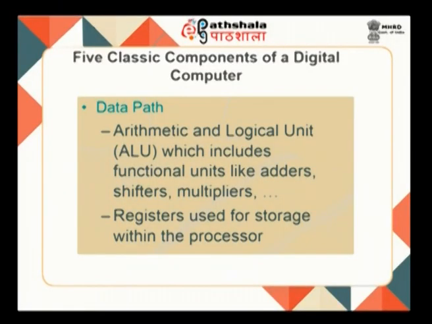Now, when you talk about the 5 classical components of a digital computer, you talk about a data path. The data path is the path through which your information flows, the data flows. So, you have an arithmetic and logical unit called the ALU, which includes functional units like adders, subtractors, multipliers, shifters, etc. And you also have registers which are used as storage media within the processor, because the data has to be stored somewhere for processing.